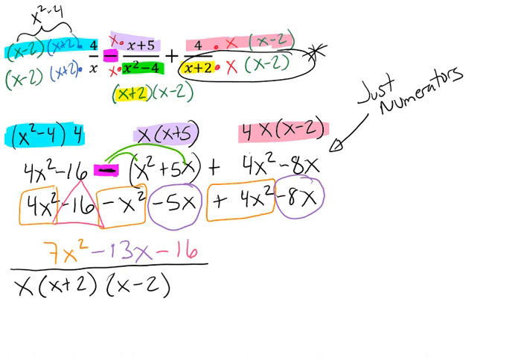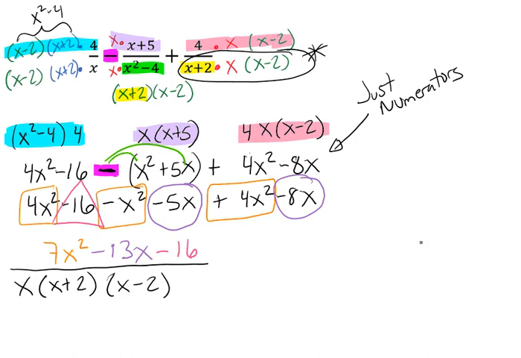And then the last thing we want to do is try and factor this. Our denominator is already factored, so we just want to take a look at our numerator and decide if we can factor that. You can try the box method because our leading coefficient is greater than 1, or to see if it's even factorable, you might plug it into the quadratic formula real quick.